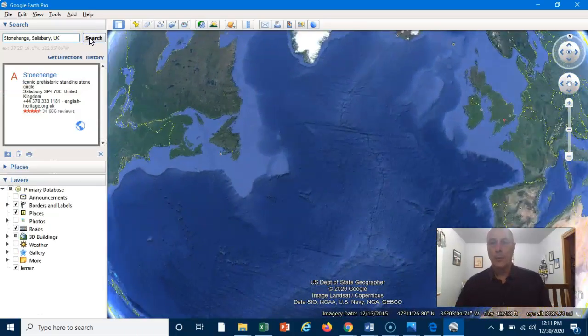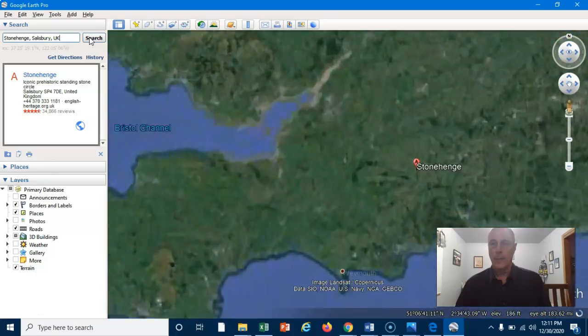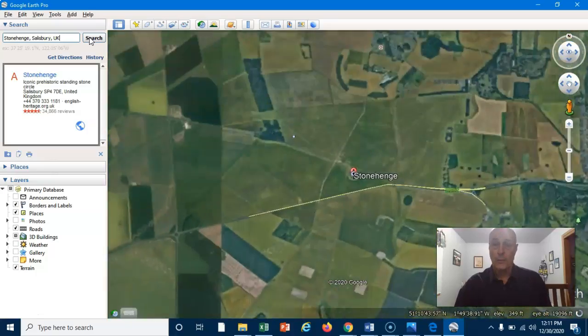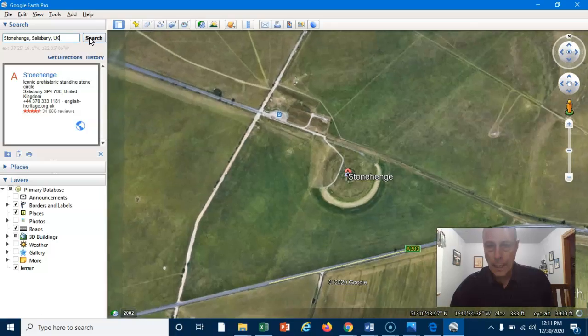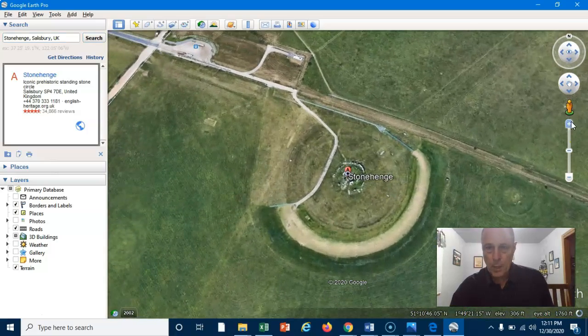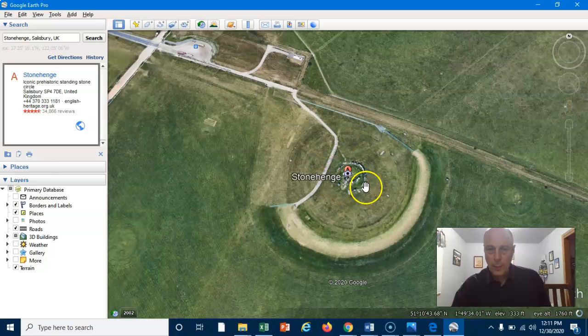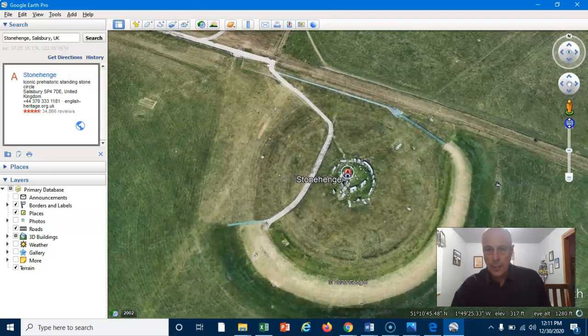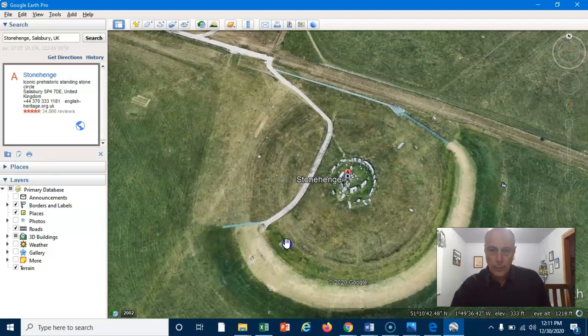Again, the southeast portion of England. There you can see it. Okay, that's a little southwest of London, my bad. So here, if we look at Stonehenge, this is the inner stone monument, but you can see there's an outer ring here as well. And there are what are called heel stones placed out from the stone that make for the alignments that people were interested in when Stonehenge was built.